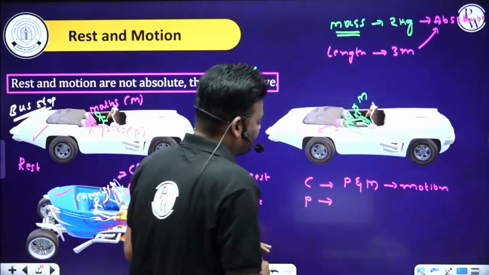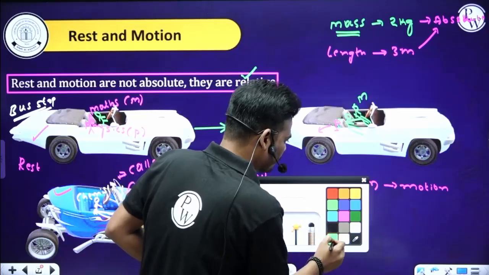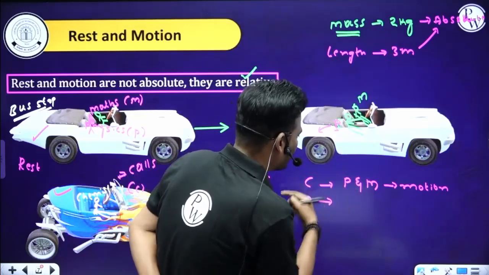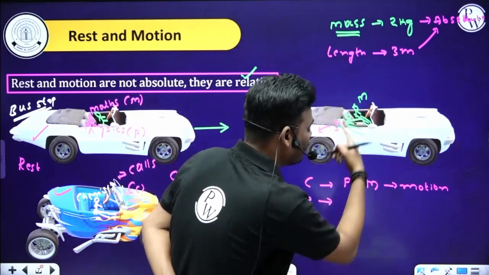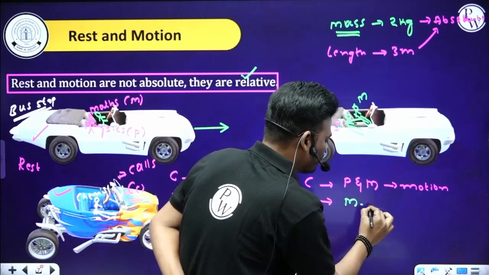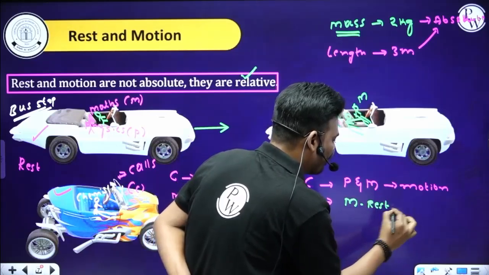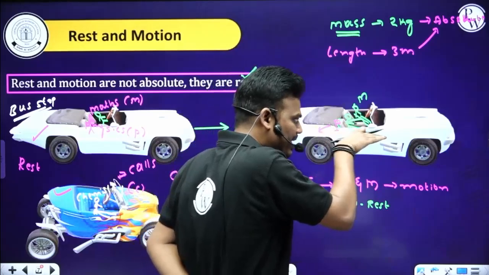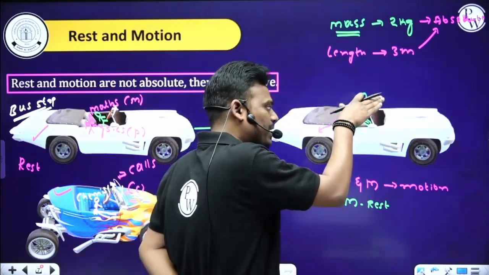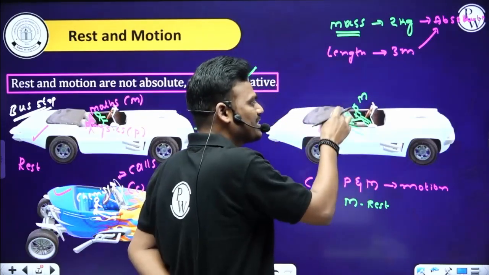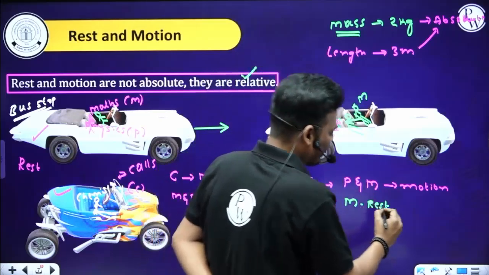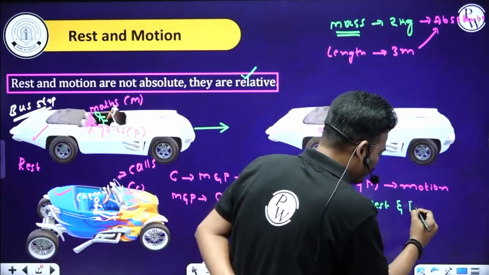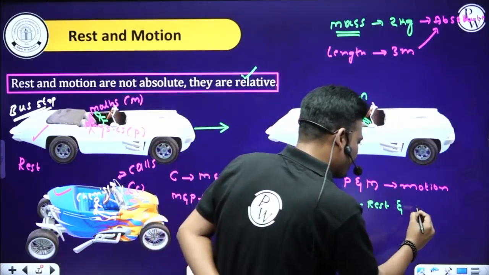Now with respect to physics, what is the state of maths? As maths is beside him, he will be traveling along with him. With respect to this car, the state of maths is at rest. And what about chemistry?